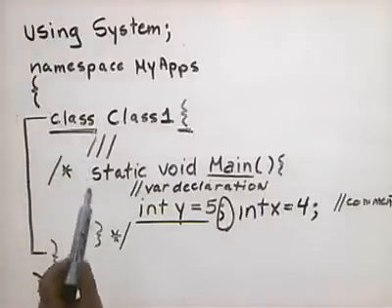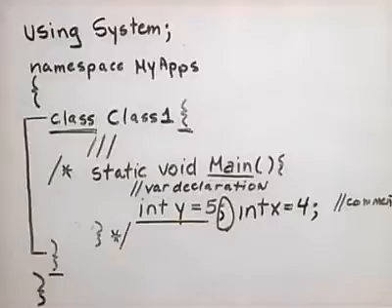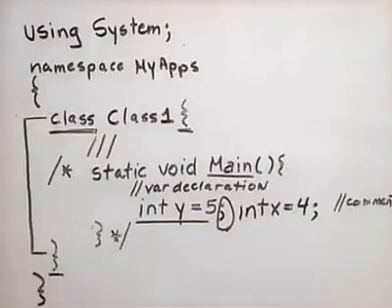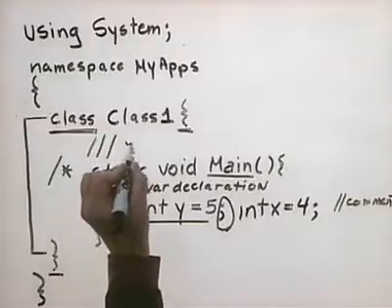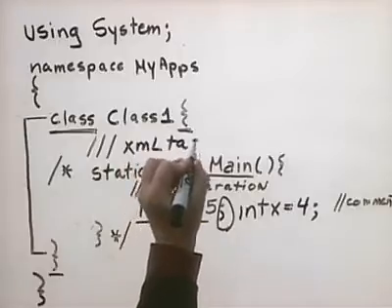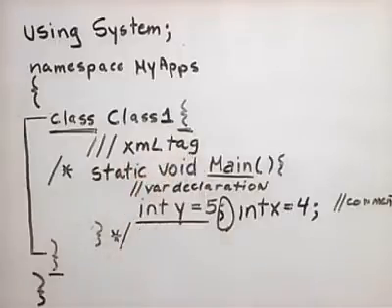So the way that you would do a comment to generate XML is you would do 3 forward slashes and then some type of predefined XML tag. Any comment that's preceded by 3 forward slashes is a comment that could be used to generate XML documentation.